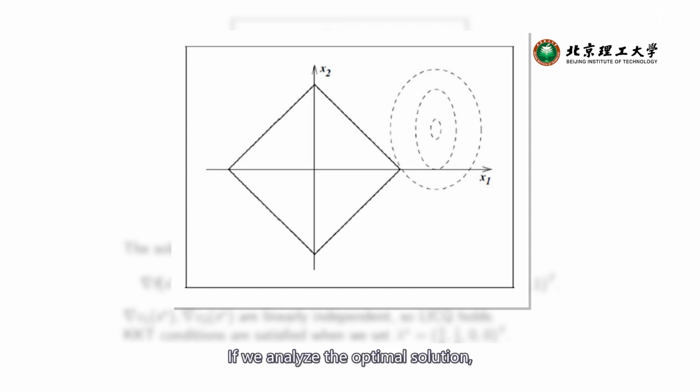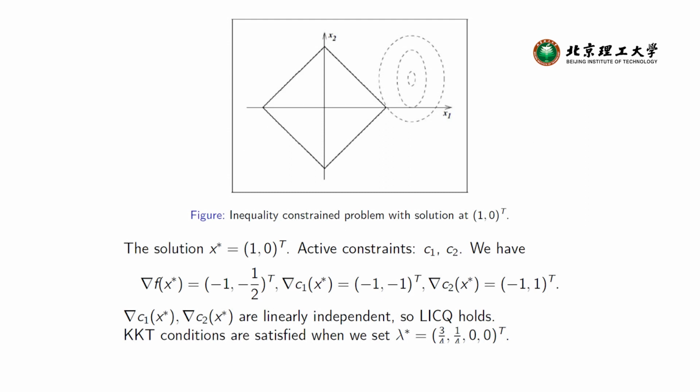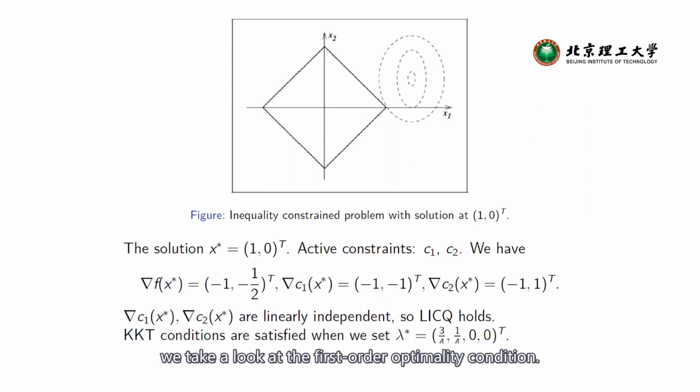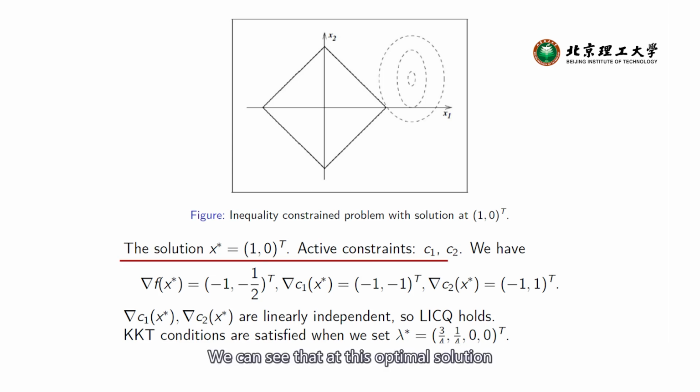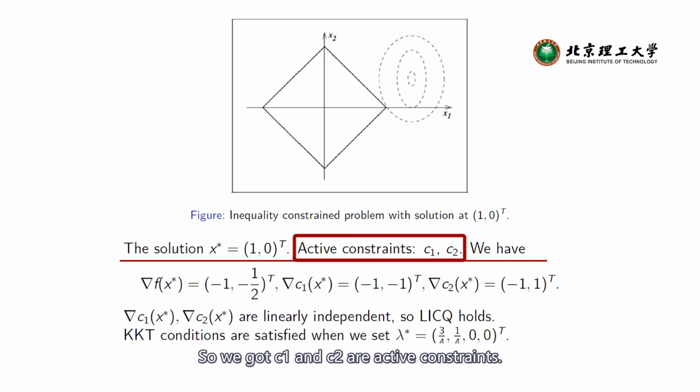If we analyze the optimal solution and take a look at the first-order optimality condition, we can check which constraints are active at this optimal solution. Actually, it lies on the boundary of two constraints, okay, so C1 and C2 are active constraints. Now let's first check whether the constraints are linearly independent.